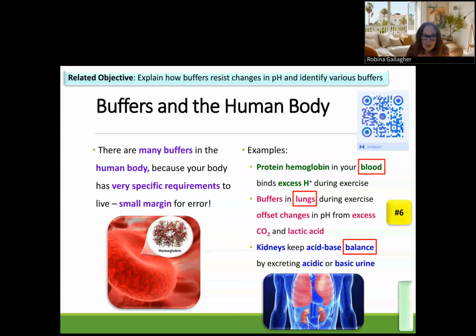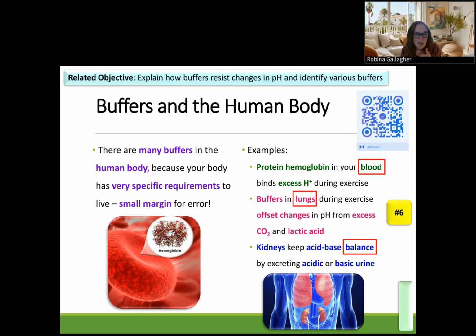If we didn't have body buffers, then horrible things would go wrong in our body. For example, protein in your blood binds excess hydroxide or hydronium ions during exercise. It's producing lactic acid, and you need a buffer to keep your blood in the pH range that it needs to be in.